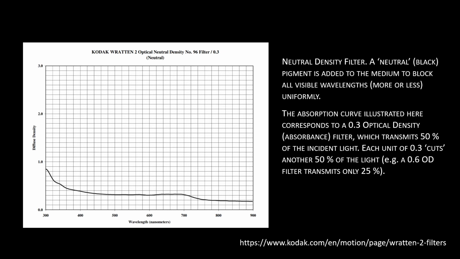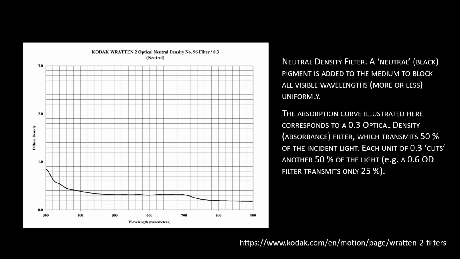You'll notice that the spectrum is very flat, except at the point where you start to reach around 700 nanometers. The reason for that little jump at 700 nanometers is probably due to the physical size of the pigment, which is at this point starting to be commensurate with the wavelength of the light, and so that would start to increase scattering.